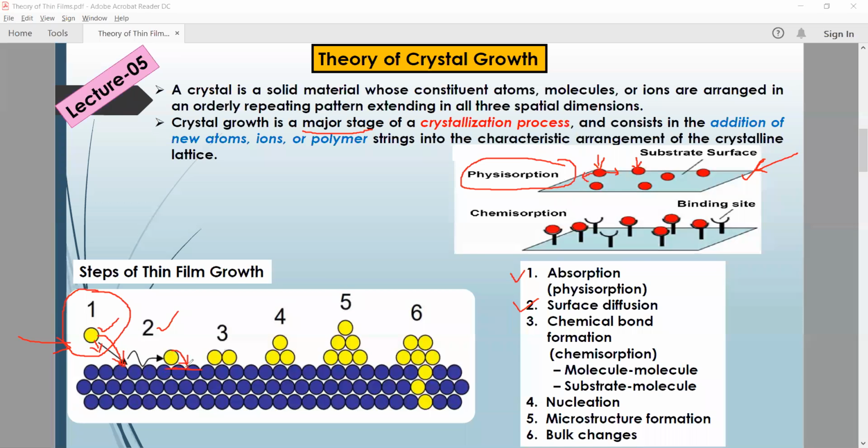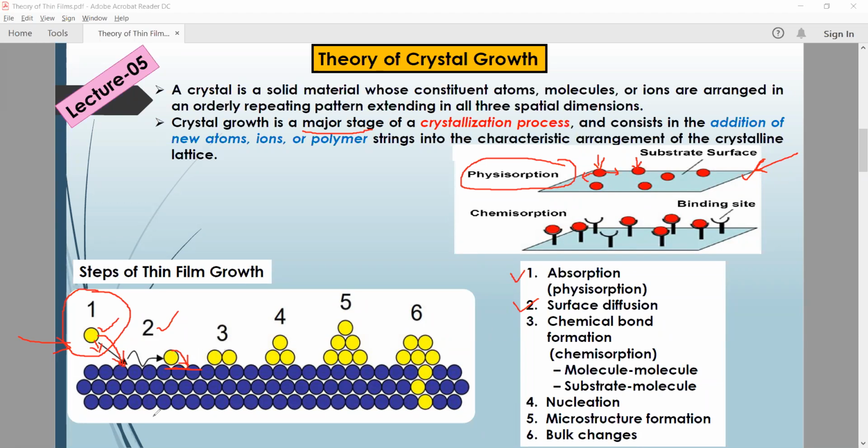So the diffusion rate increases with temperature. If we increase the temperature, the diffusion rate increases. Due to that, a diffusion length can be defined, as I already spoke in our last lecture: how much of that particular atom was diffused.